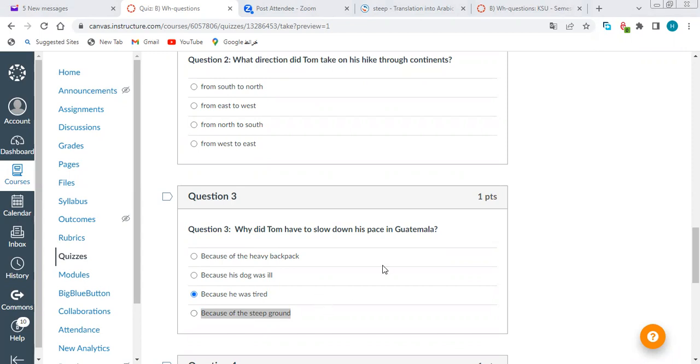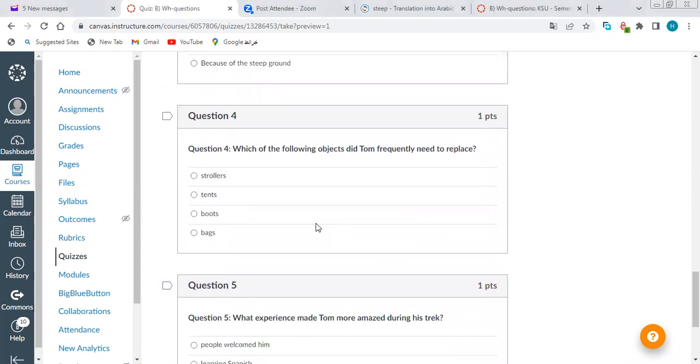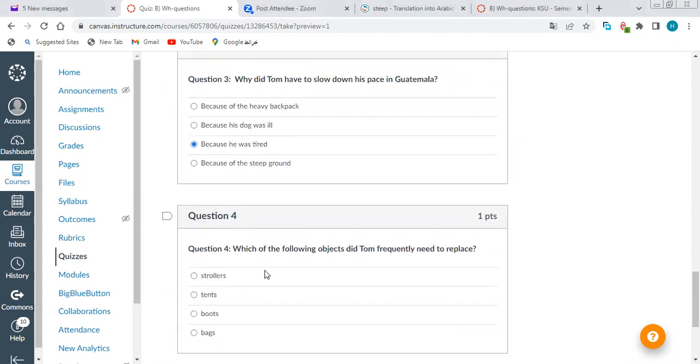Okay, next one. Which of the following objects did Tom frequently need to replace? Replace, I mean change.